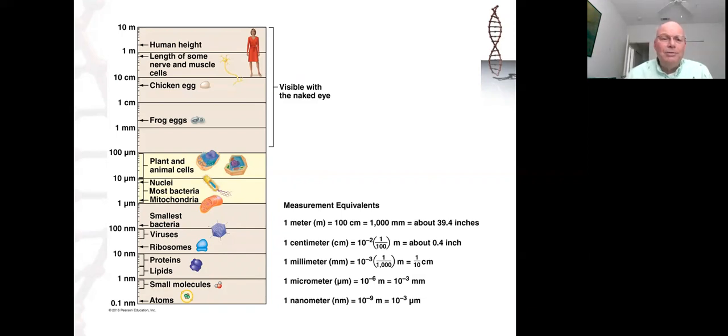So if the only membrane that you have is the cell membrane, the membrane that surrounds the cell, you've got a limited amount of membrane. And as the cell gets bigger, it turns out that the volume of the cell increases faster than the surface area of the membrane. There is a mathematical reason for that.